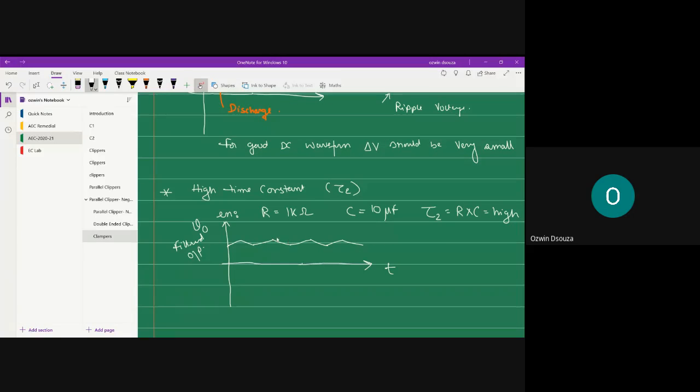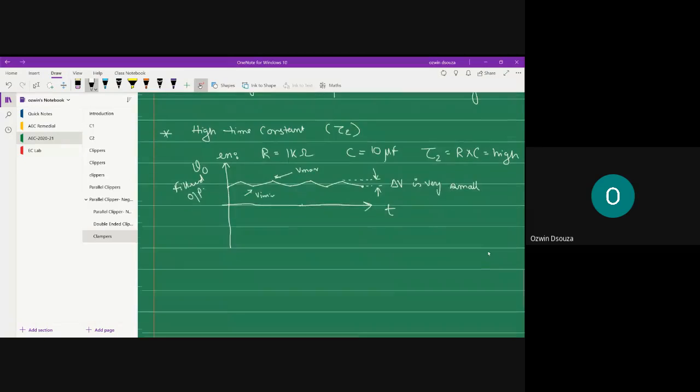So this is your Vmax, and this is your Vminimum. And if you were to take out the difference between Vmax and Vmin, you would see that the change in voltage, delta V, is very small.